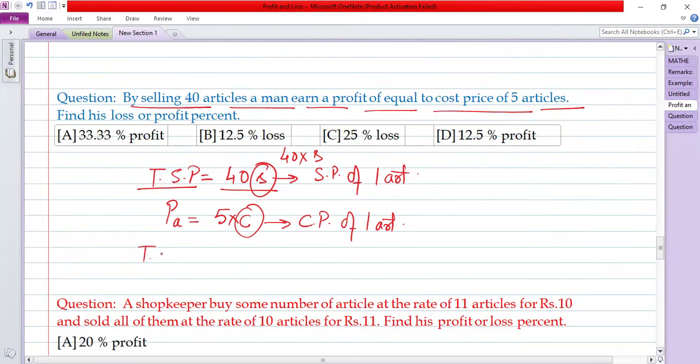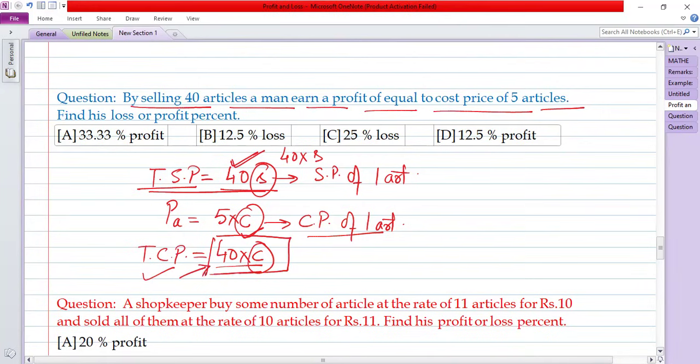Now, what will be the total cost price? Obviously, the total cost price will be 40 times C. Why? Because C is the cost price of one article. And if I am selling 40 articles, then obviously I must have bought those 40 articles.